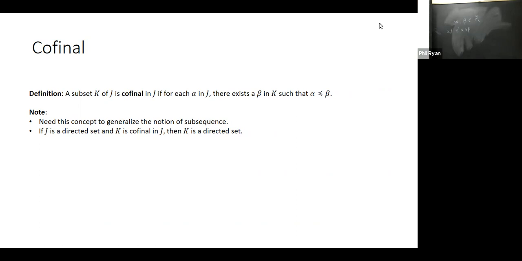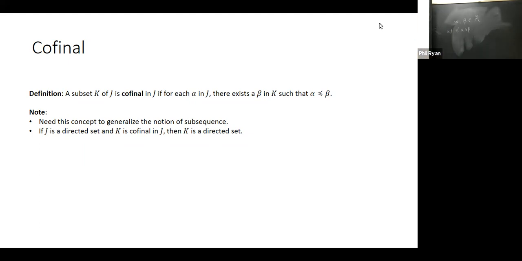The next concept is cofinal, and this generalizes the concept of the subsequence. If you think that's too fancy a word, another word that's used to measure the same thing is frequent, or frequent set is the same thing as cofinal.